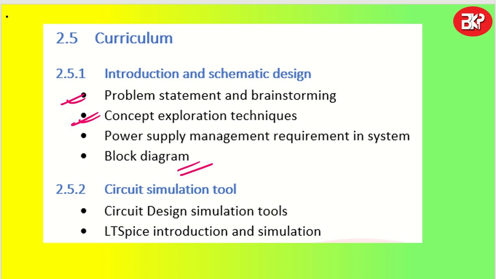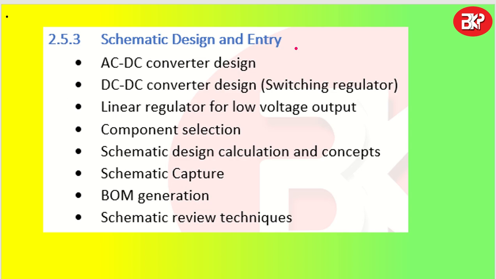Next, we will go ahead with schematic design entry. Once you understand the AC-DC converter, we will enter this particular design in software, and then we will enter the DC-DC converter, that is your switching regulator and linear regulator, all these three. At the same time you will be learning the concept of how to select the components, right? Let us say fuse or MOSFET or resistor or capacitor, any component that we will be using while designing the circuit.